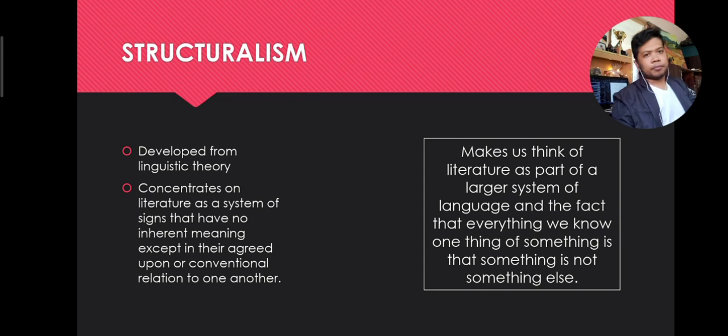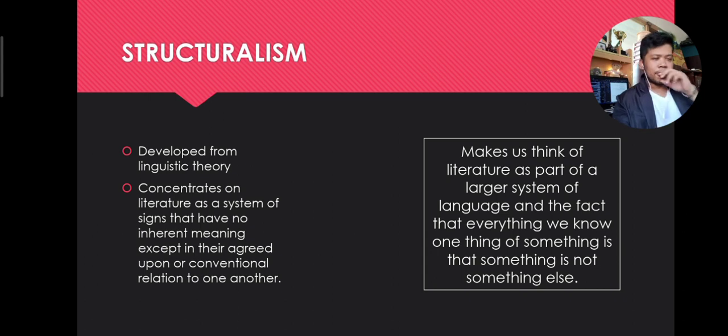Now, structuralism is like formalism in that we are trying to get the meaning based on the material itself. What makes structuralism very different from formalism is that structuralism assumes that with every signifier there's only one universal meaning.